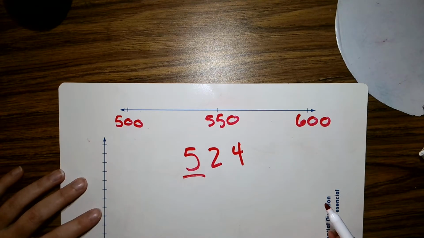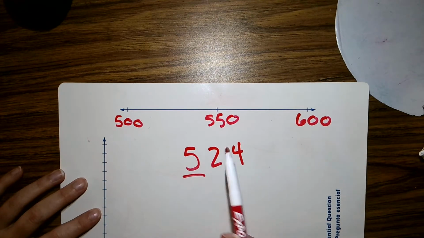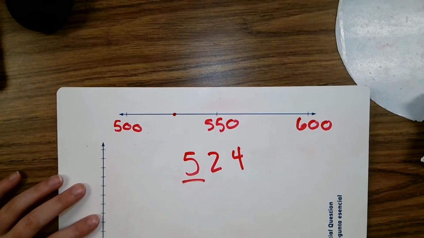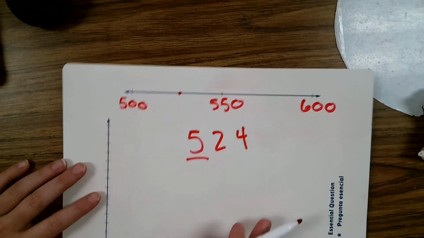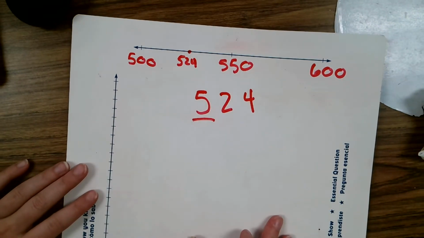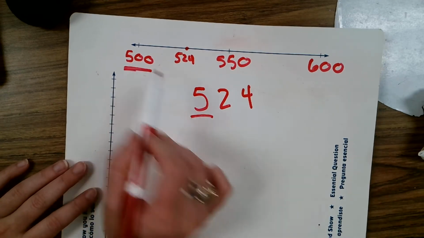And then you're going to go ahead and plot your point. So that would be about here, right? 524. Okay. So that's going to be closer to 500.